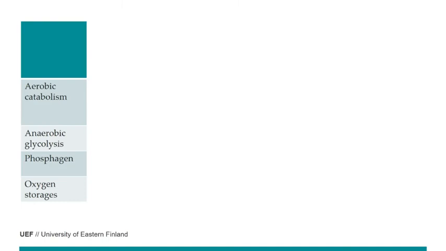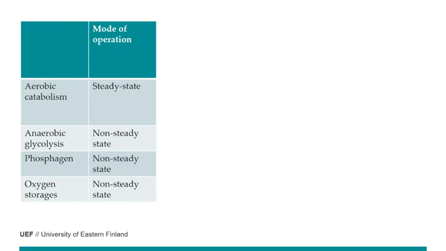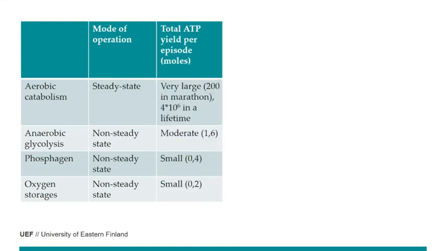And then we can have oxygen storages like myoglobin. And all except the aerobic catabolism work only for a short period, so they are not in the steady state at all. And that affects the total yield per episode in moles, which is completely different.